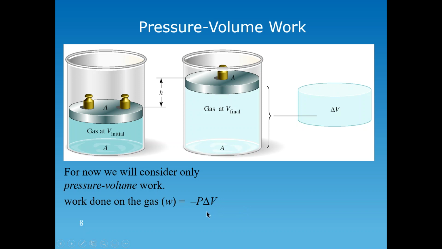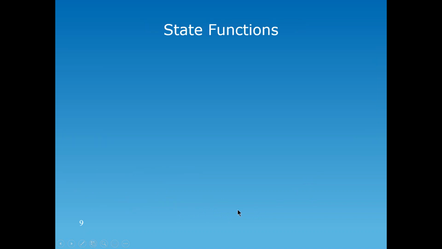And while I'm at it, I'm not sure if you guys have met this symbol before in your math courses, but whenever you see this triangle, it's actually a Greek letter delta, and it represents change of. So delta V would be change in the volume, all right? So this is the formula that is used to calculate the work done on the gas as it expands or as it contracts. In this case, we're talking about expansion, and because of the negative sign here, the work done on the gas will be negative, all right?